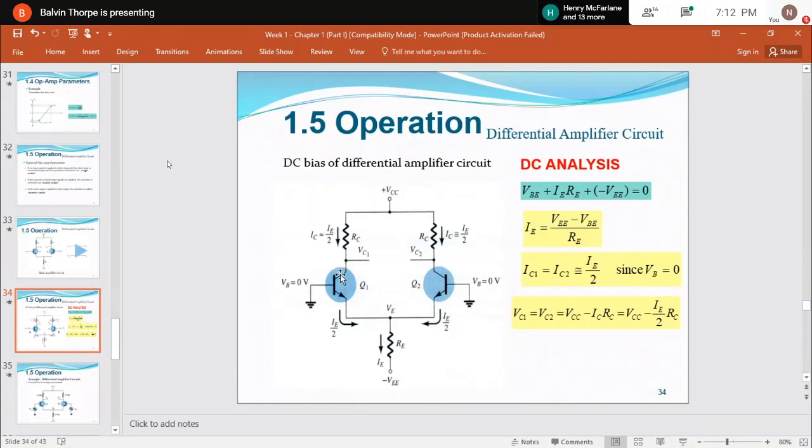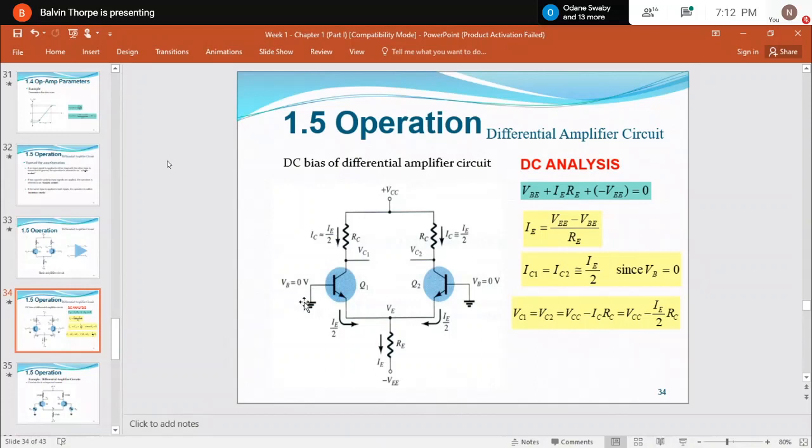So what we find from the input loop is, if you're taking it this way, because VCC is minus, VCC plus IERE, so IERE plus a minus V. We have nothing connected to the base right now, so it will be VBE.